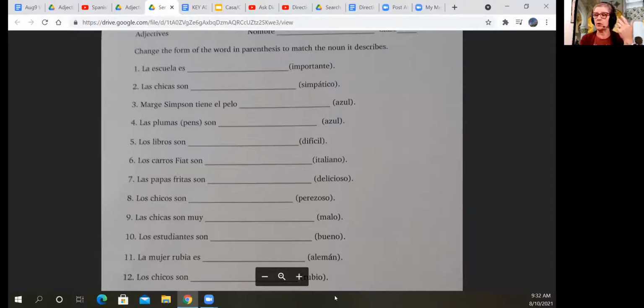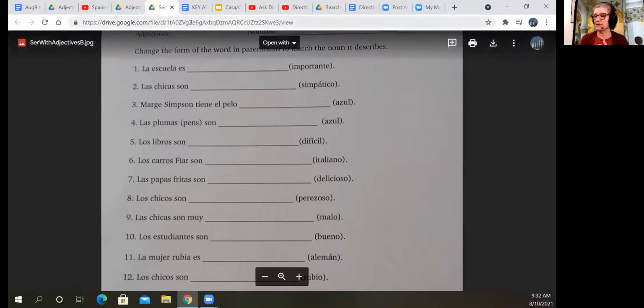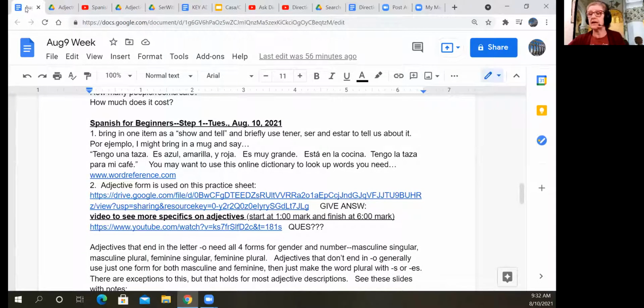So you'll want to either pull those up on the computer or if you have them printed out, do that. Whichever you want to do is great. When we're done with those and any questions you have about adjectives, if you have some props of things you want to talk about and describe with adjectives, have that ready, handy.